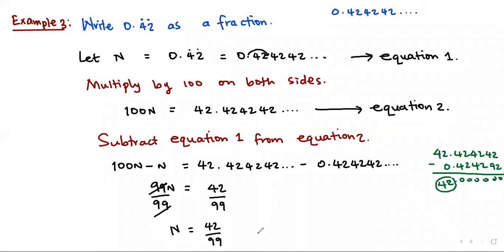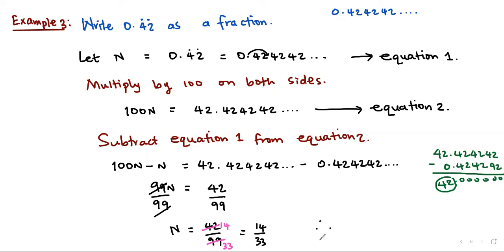But 42 out of 99, we can write this in simplest form. When we write that in simplest form, we can divide 42 by 3 to get 14 and 99 by 3 to get 33. So this means that n is equal to 14 out of 33.